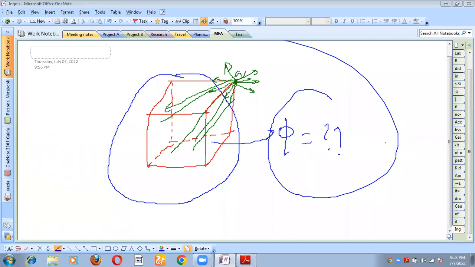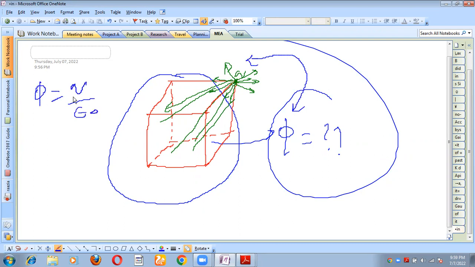So first understand this question. You have been given a charge and you have to find the flux. So one thing is sure, that we have to apply Gauss.